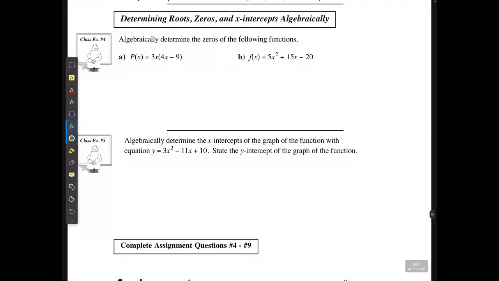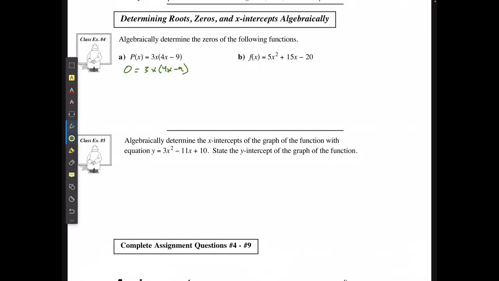It doesn't have to be perfect, but it generally shows us all the pertinent information. So, if I am algebraically determining the zeros of these functions, the first thing is I'm going to replace, to solve the zeros, the p of x or f of x with 0. For this first one, I don't need to factor it because it's already been factored down for me.